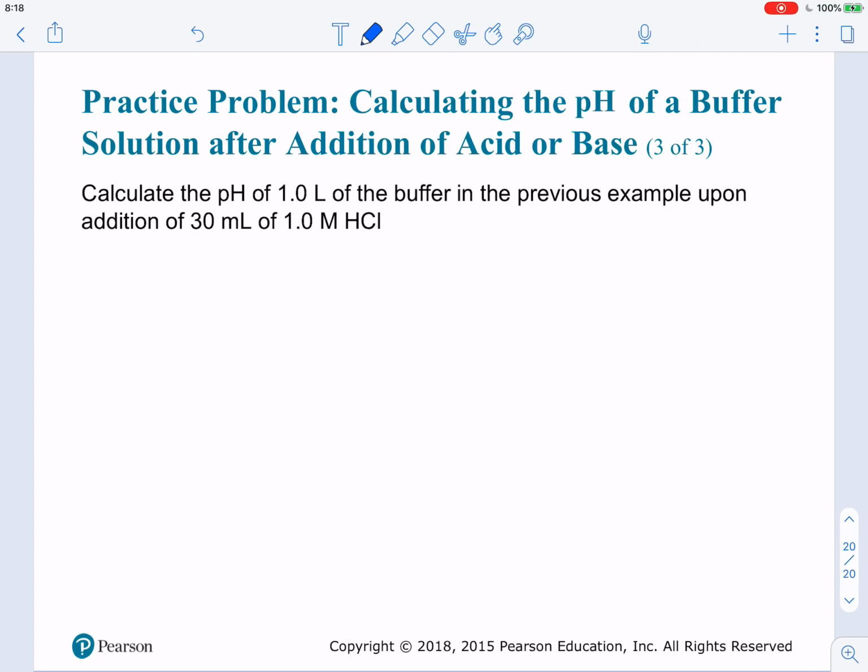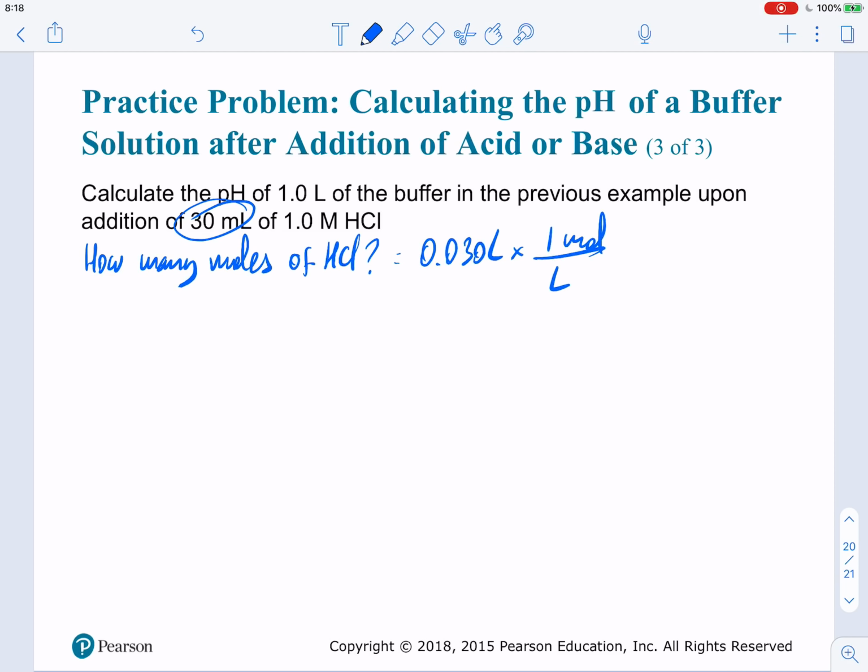So, question, how many moles of HCl? Well, we need to convert this to liters. 0.030 liters times 1 mole per liter of HCl, so you are adding actually 0.030 moles of HCl.